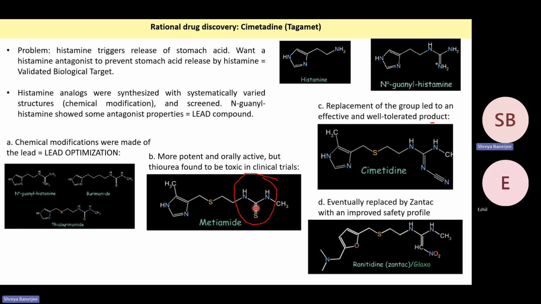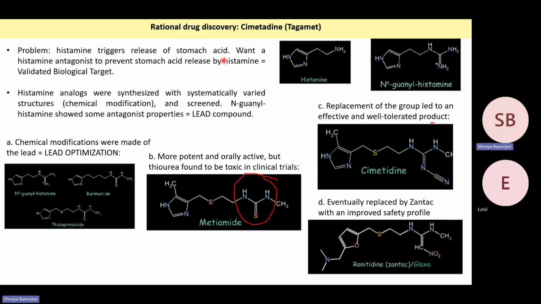So what was done? This double bonded sulfur was replaced by this group, double bonded N, which is single bonded to N, which is bonded to a cyanide group. So this molecule called cimetidine was found to be effective as well as tolerated by the human body. And eventually it was replaced by an even better molecule called ranitidine or Zantac, which showed even better antagonist properties.